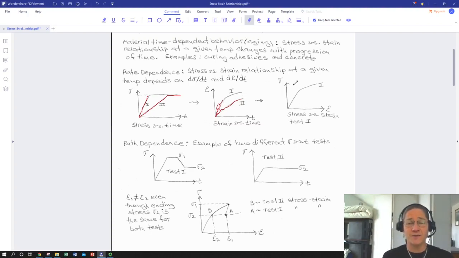And on that subject, if we were to take this case one, where we're increasing the stress a little more quickly, say we were to normalize on time and just plot stress and strain versus one another. So we're going to plot stress as a function of strain.